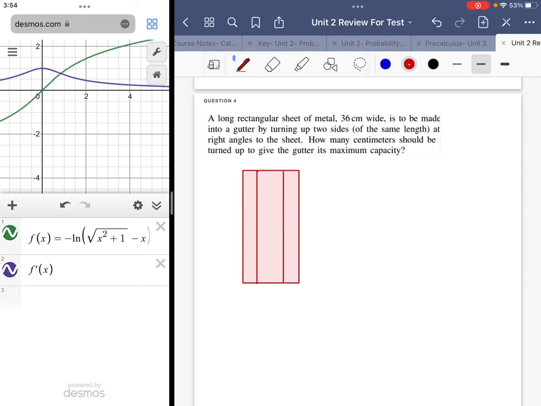So if we fold this up, what's going to happen is, and we just kind of look down long ways, we'd have sort of a U-shaped, square U, if you will. And it'd have some kind of depth to it.